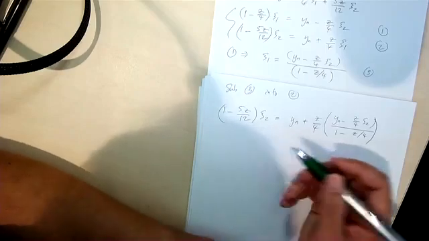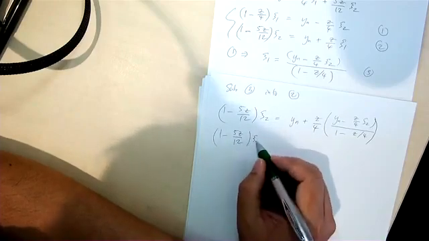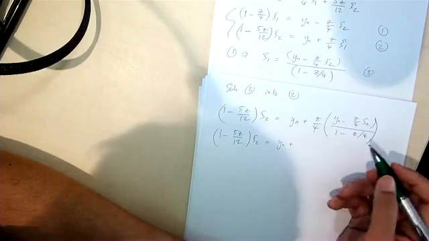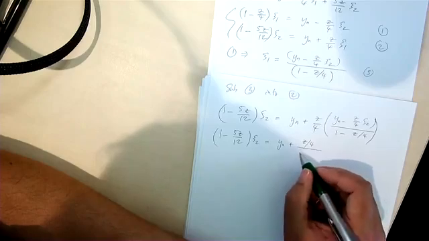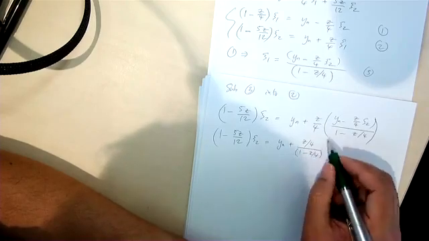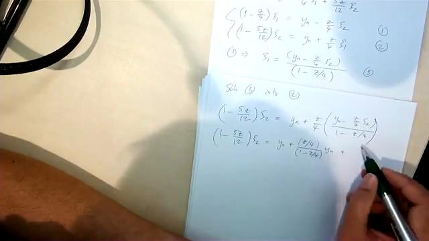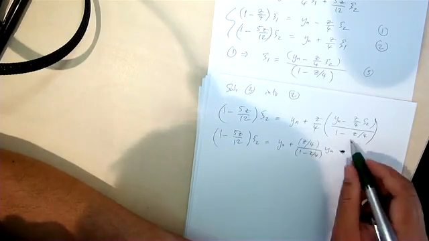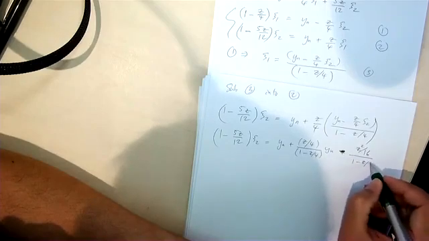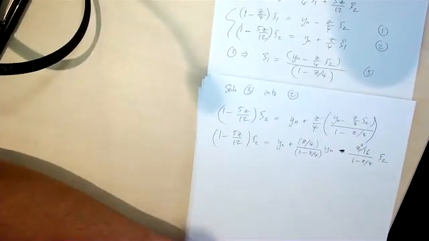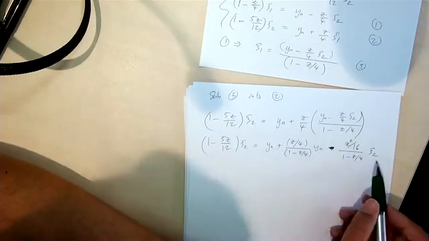Now I just expand it: 1 minus 5z over 12 times xi2 is z over 4 over 1 minus z over 4 times yn, minus z squared over 16 times 1 minus z over 4 times xi2, because I want to rearrange xi2 into the left hand side.